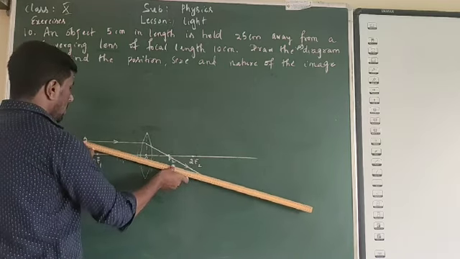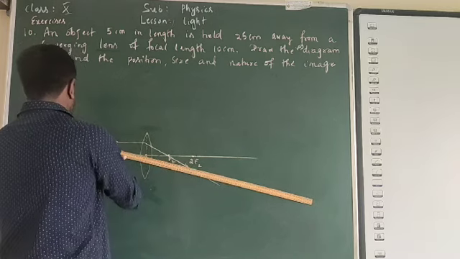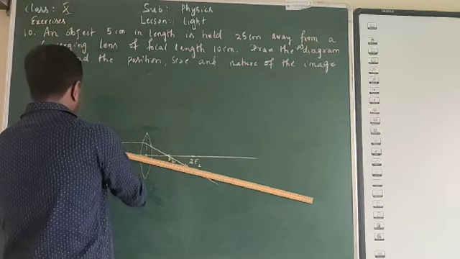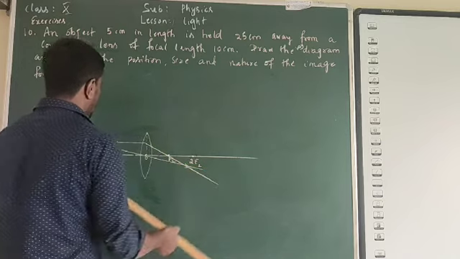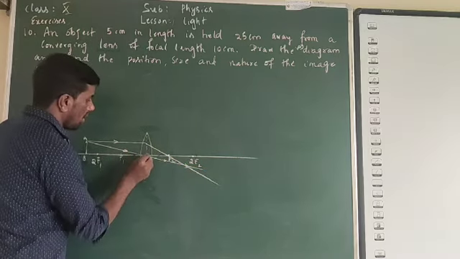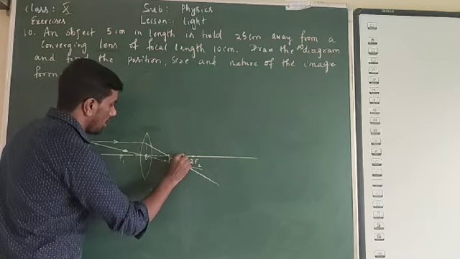Through the optical center, it will not get any deviation. This is the second ray. You can observe that both rays intersect here. So here the image is formed.